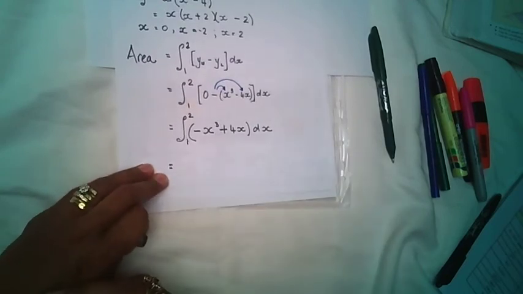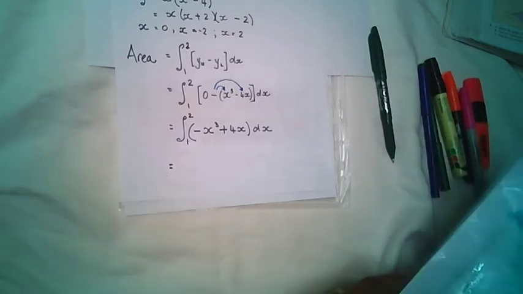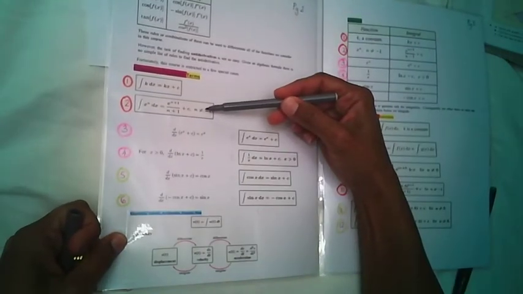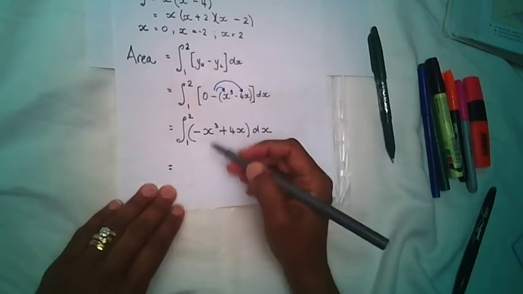So I'm going to apply rule 2. If you remember, we've got our formula sheet. Remember the formula sheet that we've been working with? We're just going to apply one of our rules, which is this one right here, where you integrate an x value to a power.